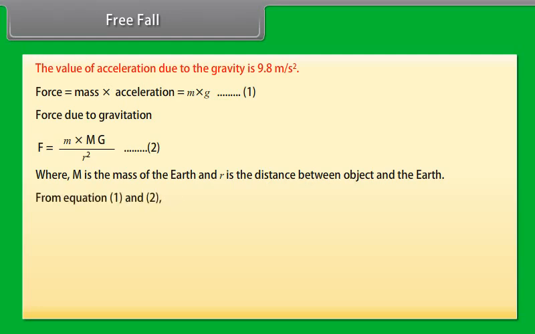From equations 1 and 2, m into g is equal to m into M G upon r square. g is equal to G M upon r square. The value of g is equal to 9.8 meter per second square.